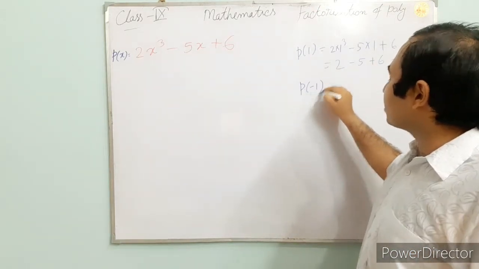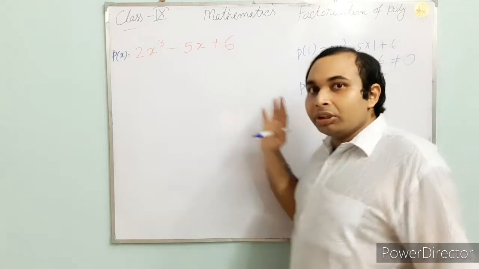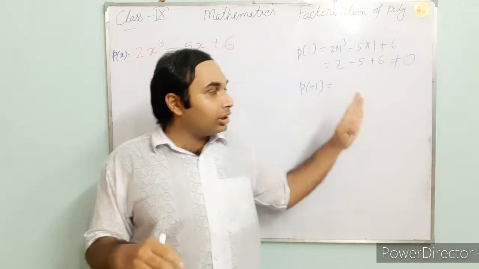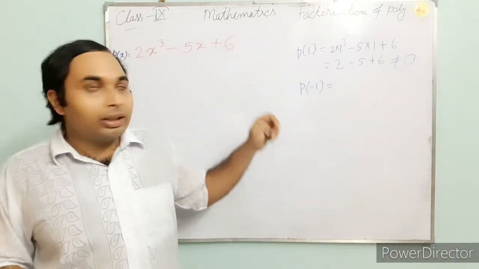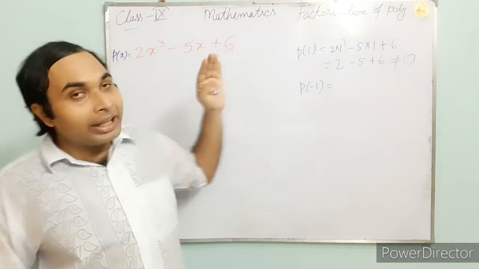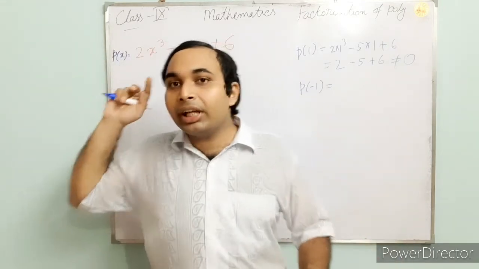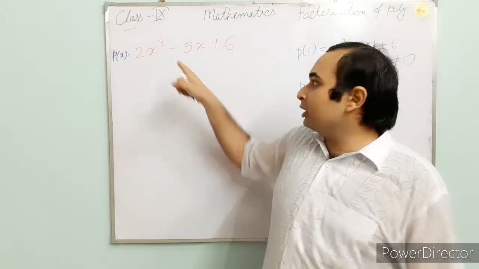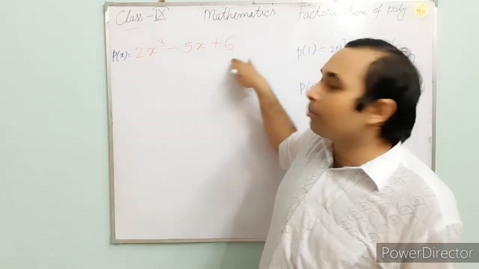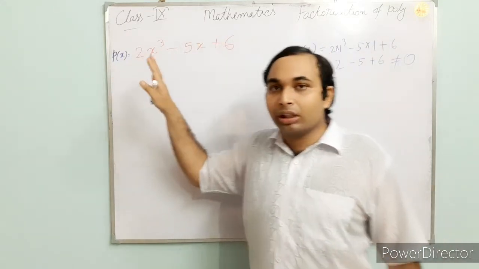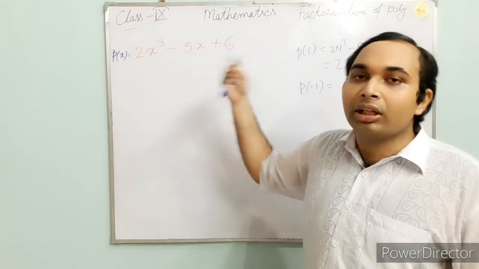Now P of minus 1. Actually I am showing you this lengthy process to make you understand. But in the exam, when you have to do it, you will directly apply that one. That is, you will take 1 here and do the mental calculation, what is coming. If it is 0, then it is okay, otherwise leave it.